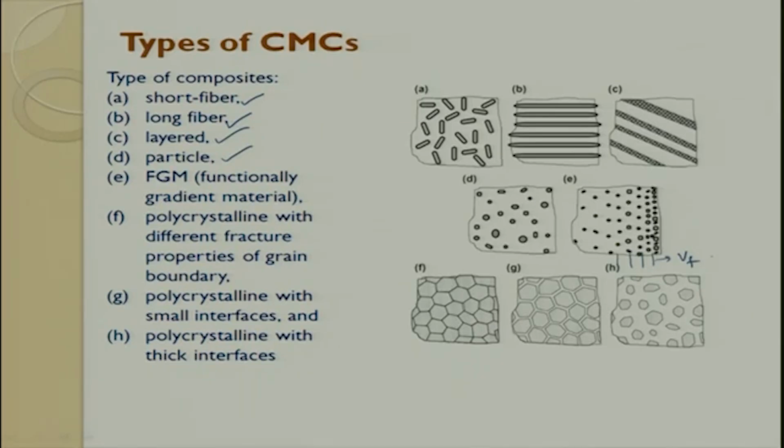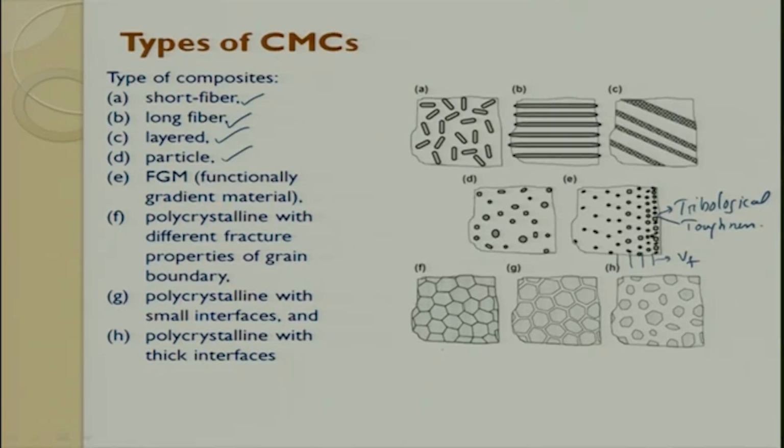On the periphery you have a large amount of particulates, and as it goes down it is less. Because of this, the tribological property and fracture toughness property are enhanced. This is functionally graded material. Today there is a huge demand for functionally graded materials.